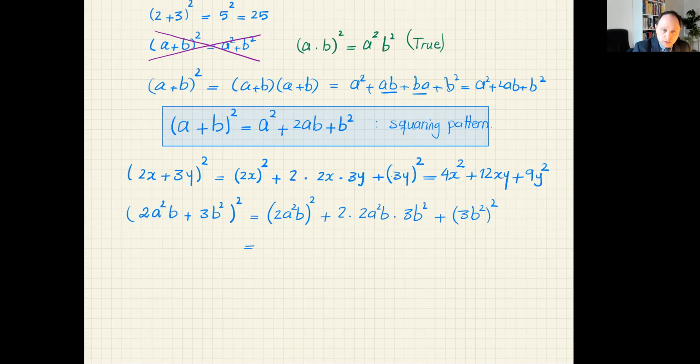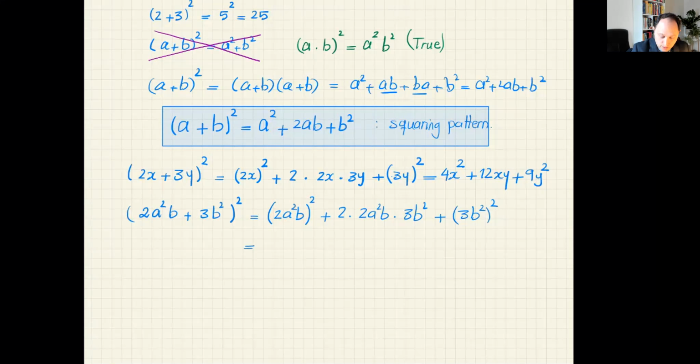But this is not finished, because when I say expand, it means to remove all pairs of brackets. I have 2 pairs of brackets left yet. But this is a product. I know for a product, if I have a product of a bunch of terms and I want to square it, I can do them separately, individually.